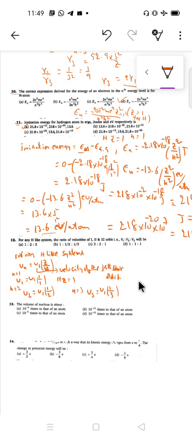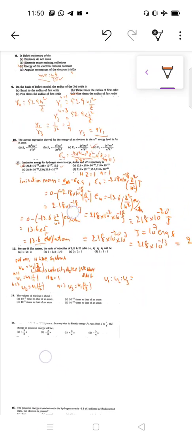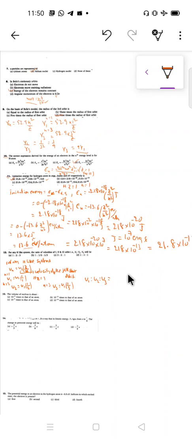Next, write down these values: V1 is to V2 is to V3. You can get V1 is to V1 by 2 is to V1 by 3.